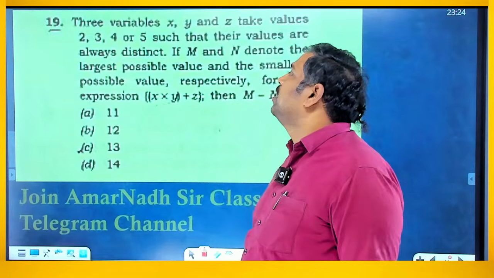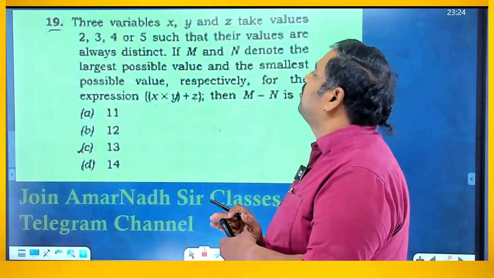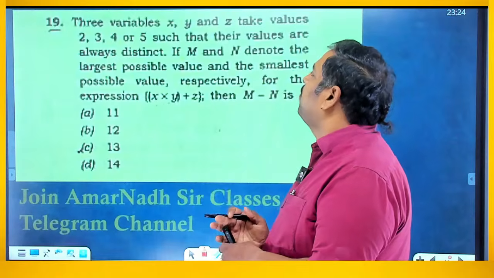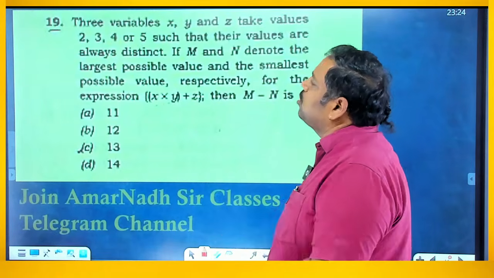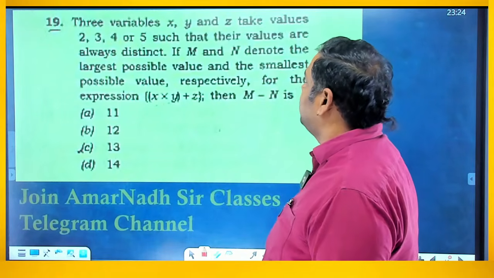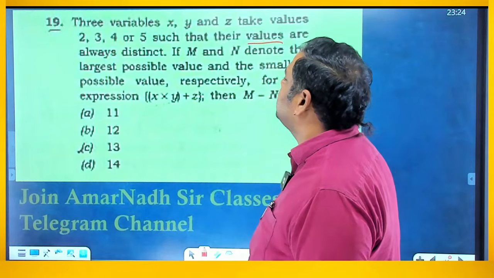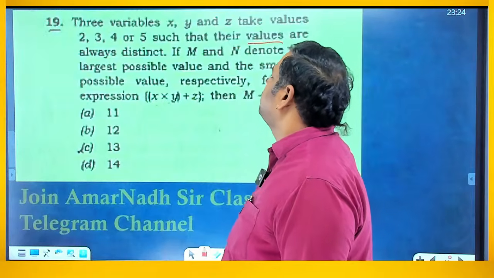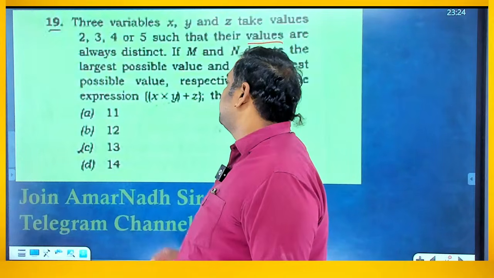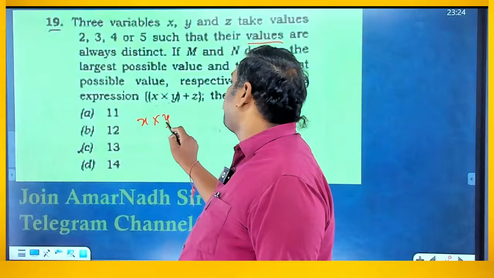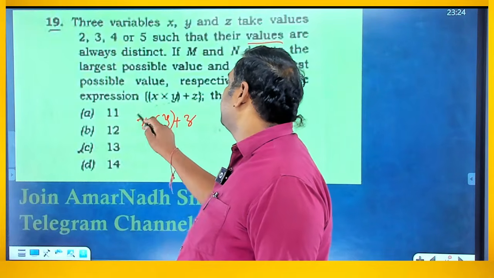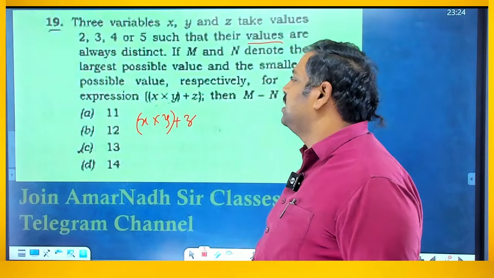3 variables x, y and z take values through 2, 3, 4 or 5 such that their values are always distinct. If m and n denote the largest possible value and the smallest possible value respectively for the expression x into y plus z, then m minus n is.